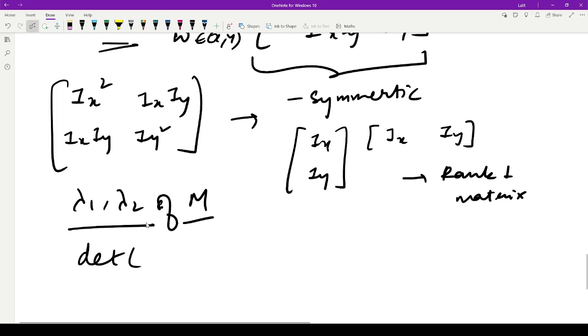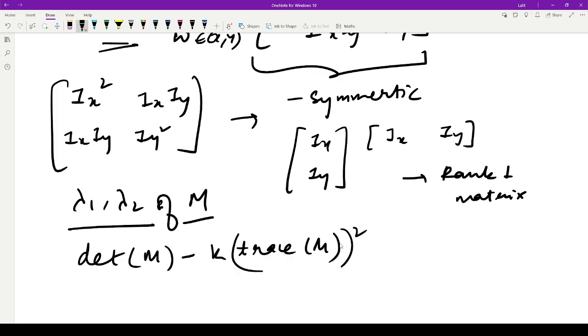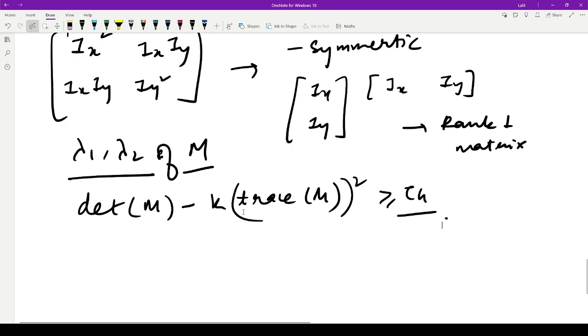So your formula is determinant of M minus some K times trace of M whole square to be greater than or equal to some threshold. Is this the case? So this was given as R, which is the corner response measure in the class note.